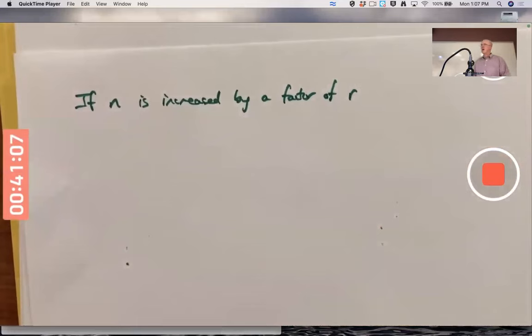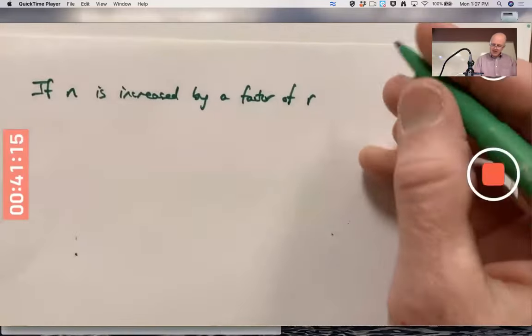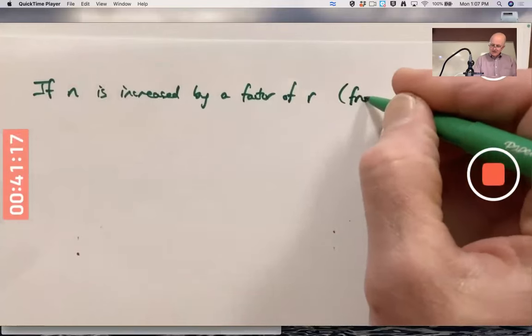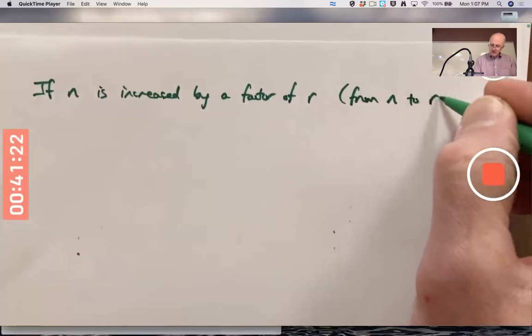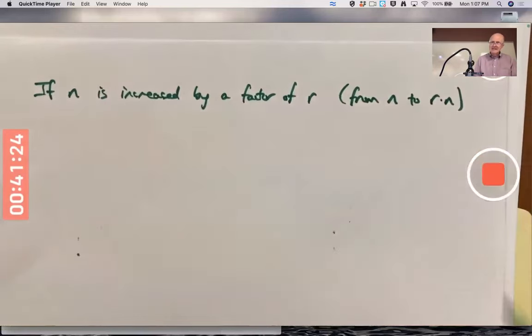For our examples, r was 2 and then it was 10. We doubled a few times and then we multiplied by a factor of 10. So n is increasing from n, whatever the n was, to r times n. If n is 16 and r is 10, then n is increasing from 16 to 160.